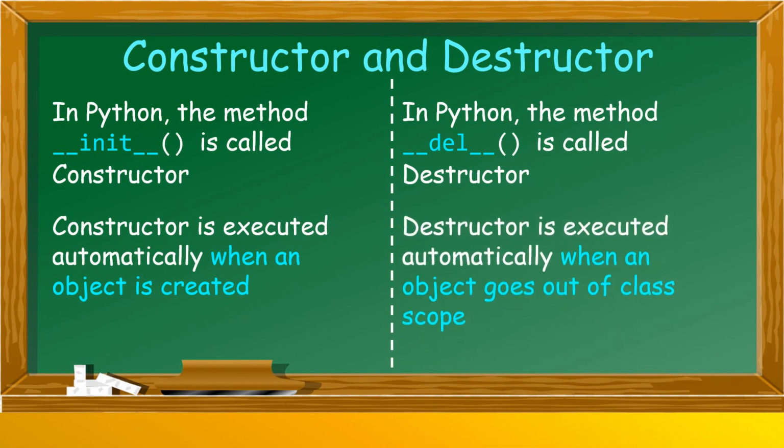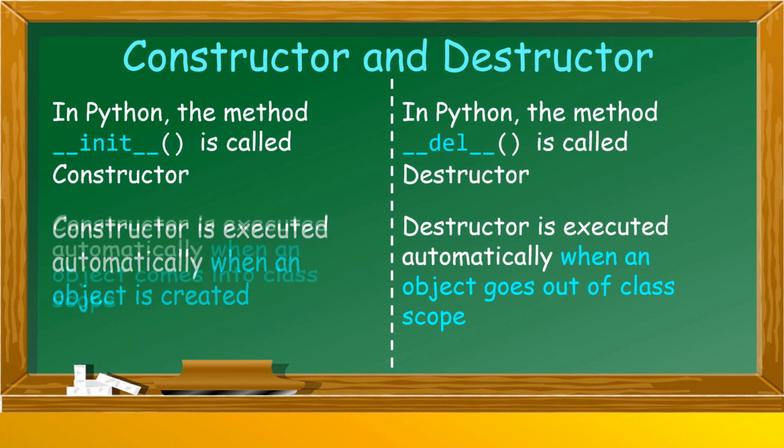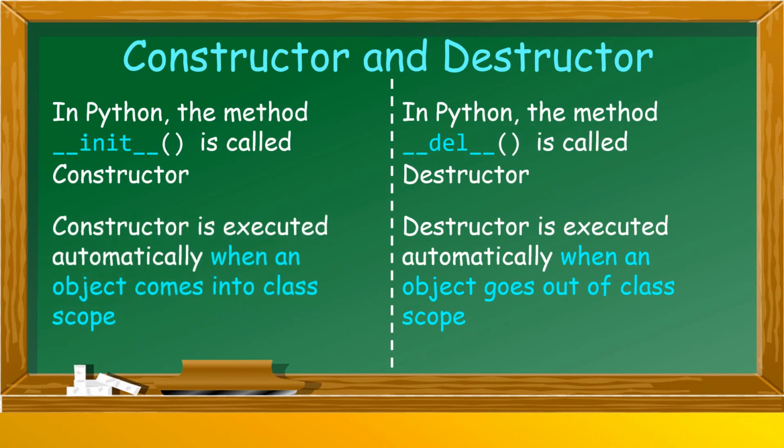Destructor is executed automatically when an object goes out of class scope. Constructor is executed automatically when an object is created. I can also write this as: constructor is executed automatically when an object comes into class scope. So for destructor, it is when an object goes out of class scope.